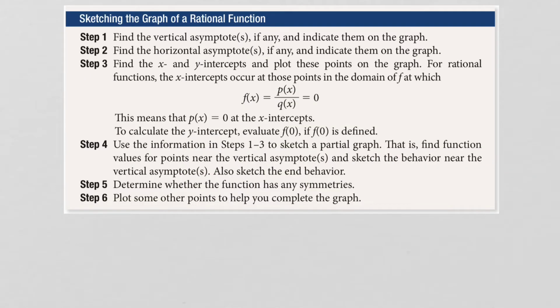Now let's talk about sketching the graph of a rational function. And I will just start by saying, in this day and age, sketching graphs can seem a little bit archaic because we have so much technology these days and so many really great graphing calculators and programs that you can easily find online that some people kind of wonder, what's the point of even discussing graphing of rational functions?